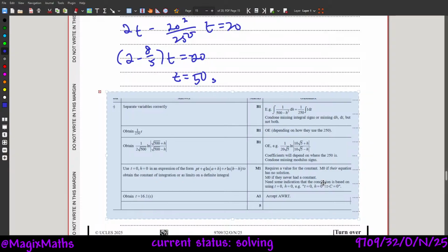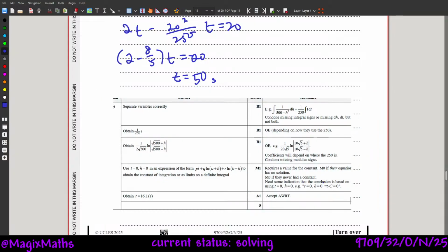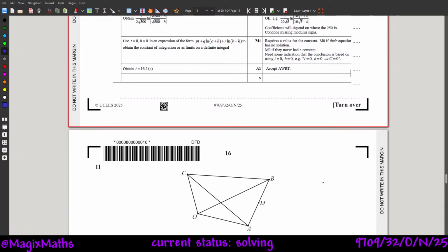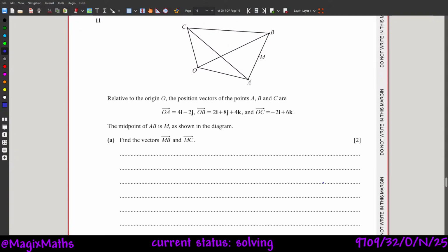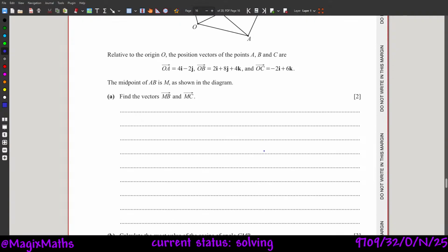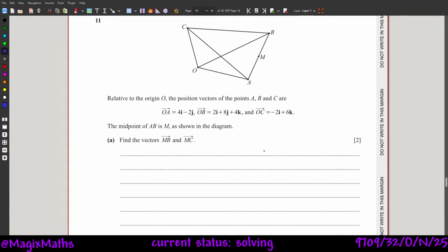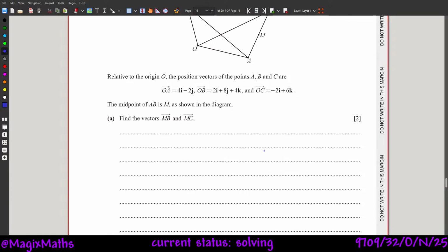So I did a little bit of a bad thing over there, but it should be fine. Let's continue to the next question. I'll just attempt this last one before we move on to marking with our red pen.